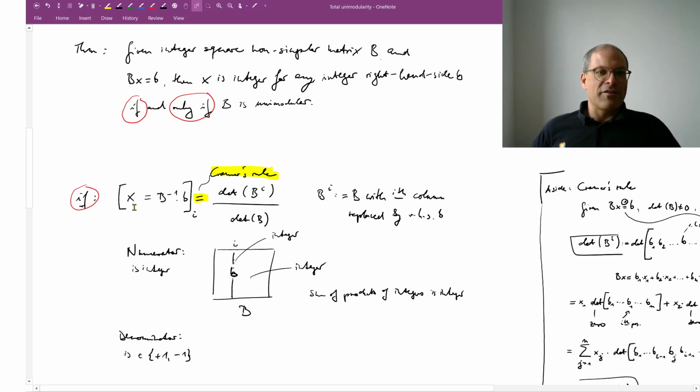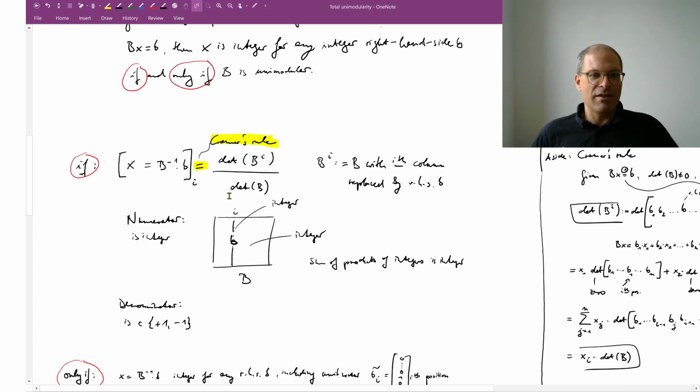So x can be rewritten as the solution of this system of equations. And then there is something called Cramer's rule, which is shown on the right-hand side, which says that the ith component of the solution is given by a ratio of determinants, namely the determinant of a matrix B in which the ith column has been replaced by the right-hand side b of the system of equations. And if we look at this matrix, well, it has all integer entries, and we were requesting that the right-hand side also be integer, and then this entire numerator is going to be some integer number, because the sum of products of integers is integer.